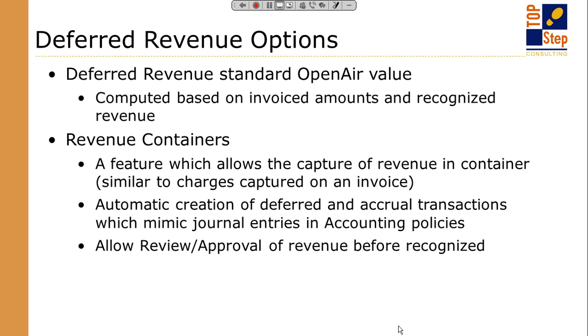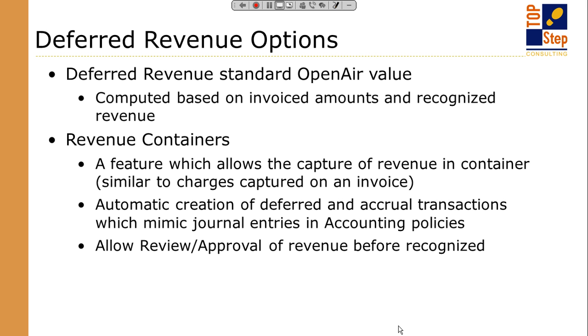The concept of a revenue container is that you generate revenue and you can submit it into a review and approval process, and the revenue is tagged or computed as accrued or deferred based on the state of invoicing in the system.